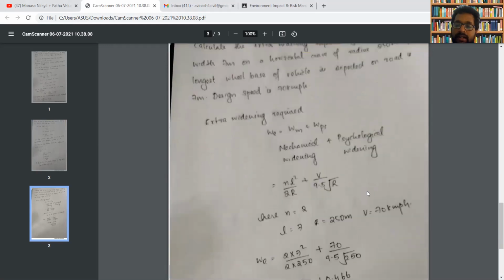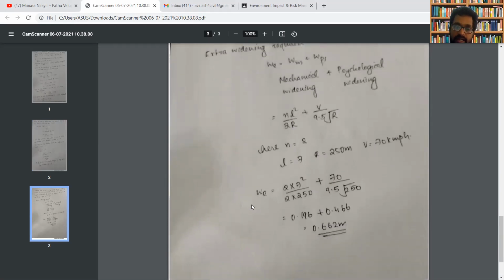Mechanical widening is equal to nL square divided by 2R, and psychological widening is equal to V divided by 9.5 root R. Here n means number of lanes, which is 2, and the length of wheelbase is 7. Radius of the horizontal circular curve is 250 meters and design speed V is equal to 70 kilometers per hour.